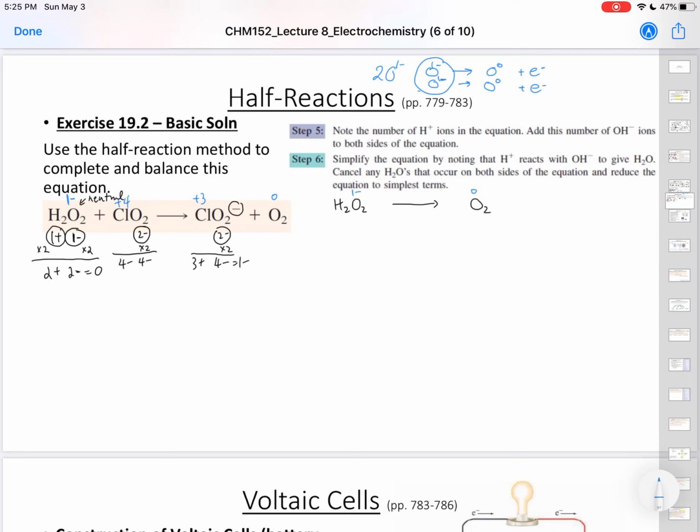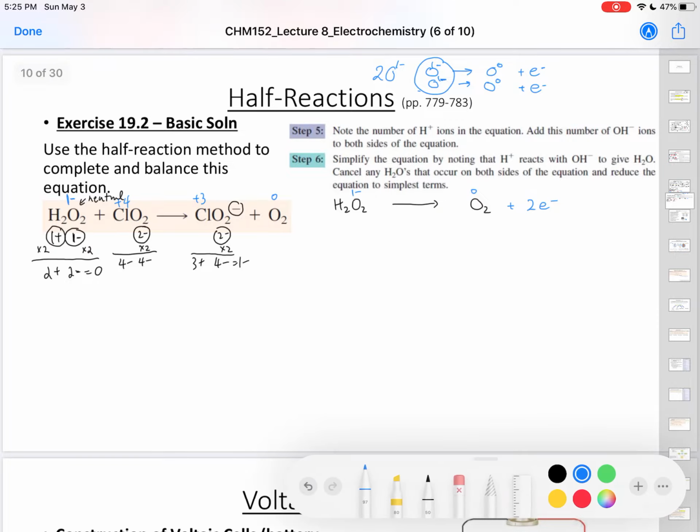So I'm going to go 2, 2, so 2 electrons. Again, I repeat, each oxygen loses 1 electron. Because there are 2 oxygens in H2O2 becoming O2, that oxygen must overall lose 2 electrons. Each one loses 1, but overall you lose 2 electrons. Hopefully that makes sense. Okay.